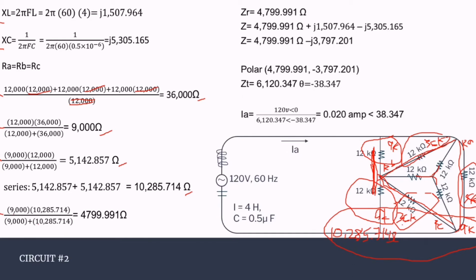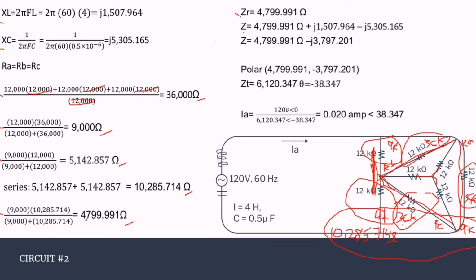So 9K times 10,285.714 over 9,000 plus 10,285.714 is equal to 4,799.991 ohms. This will be the value of our ZR.